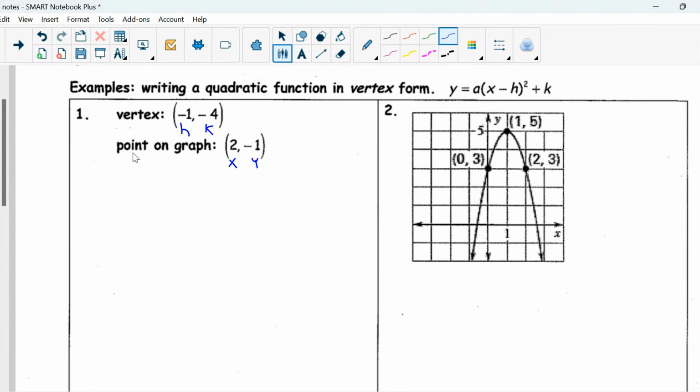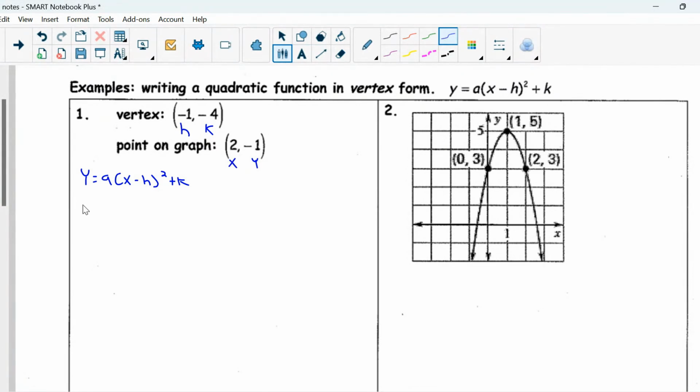The first thing you want to do is write your quadratic in vertex form by substituting in your h and k. So if I've got y equals a times x minus h squared plus k, let's start by substituting in our h and k.